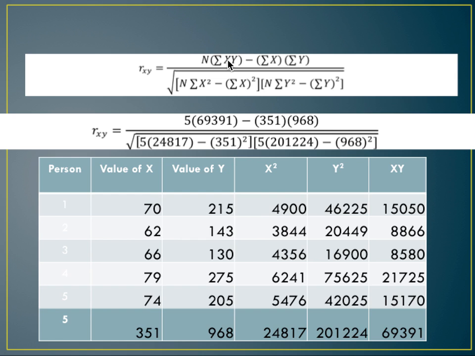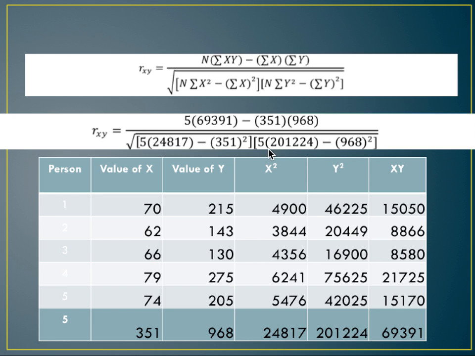The sum of x times y, 69,391, subtract 351, which is the sum of x, times the sum of y, 968. Over the square root of n, which is 5, times the sum of x squared. The sum of x squared is 24,817, minus the sum of x, and then we're going to square it.